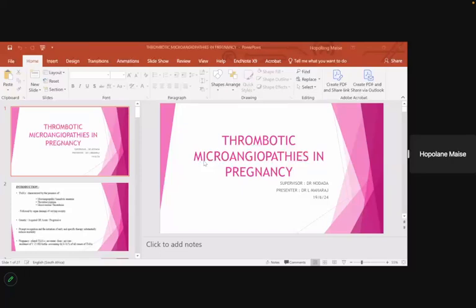The whole point of presenting this case was just to bring to everyone's attention that not everything that looks like HELLP syndrome is HELLP syndrome. When the picture doesn't make sense, because here you had a very high LDH and very low platelets, but the LFTs were not so much affected, you should always try and look somewhere else.